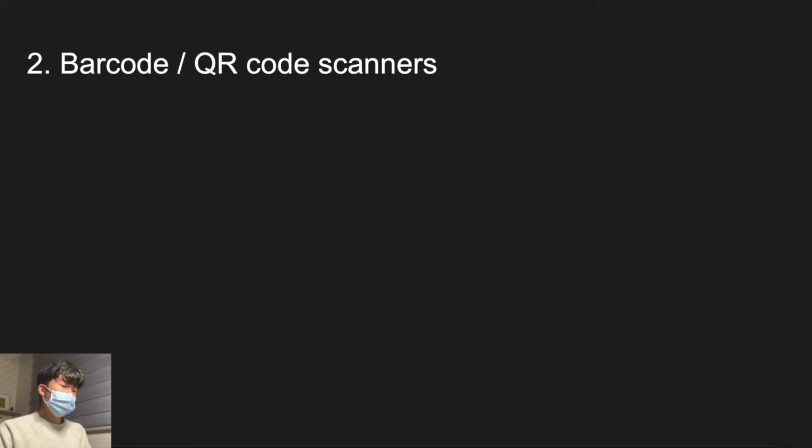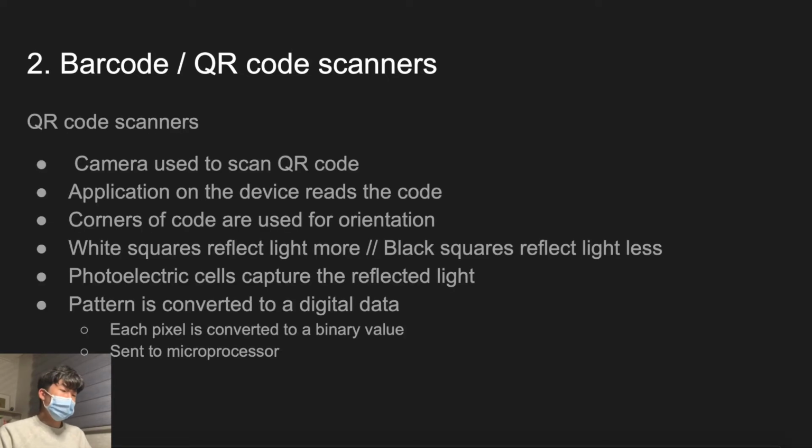And for a QR code scanner, it is almost identical. A camera is used to scan the QR code, and an application on the device containing the camera reads the code. In the code, the corners, or the large squares, are used for orientation of the QR code, and like the barcodes, there are white squares and black squares in the QR code.